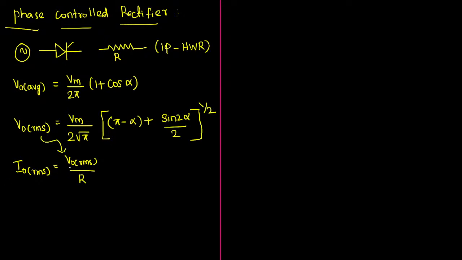Substitute here and you will come up with this answer. Similarly, if you are asked to calculate I naught average, how will you do that? That will be equal to V naught average, the average output voltage, divided by R. We know the value of the average output voltage. Just substitute this value here, divided by R, and you will come up with the average output current.